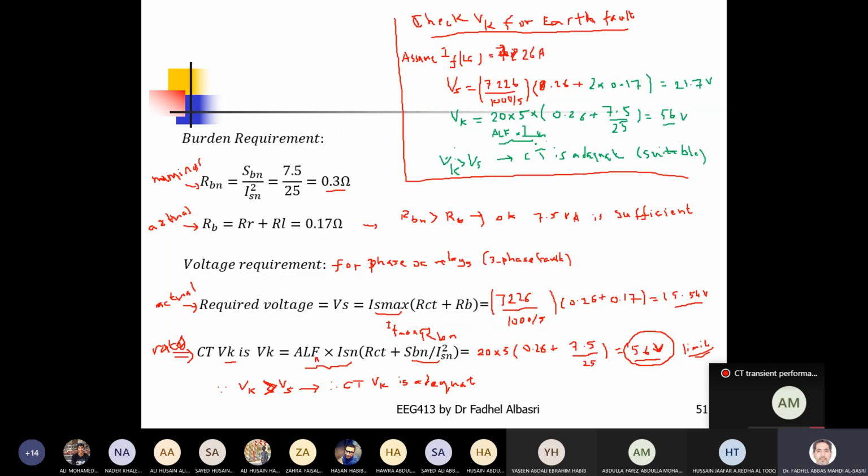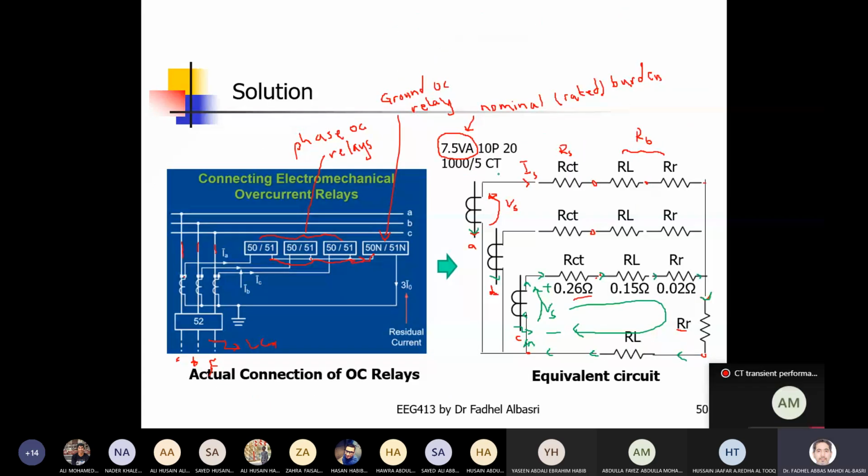So the voltage here is 21 point something. What does that mean? Voltage is less than this. What does it physically mean? It means that the error will not exceed the 10%, which makes it suitable, appropriate.